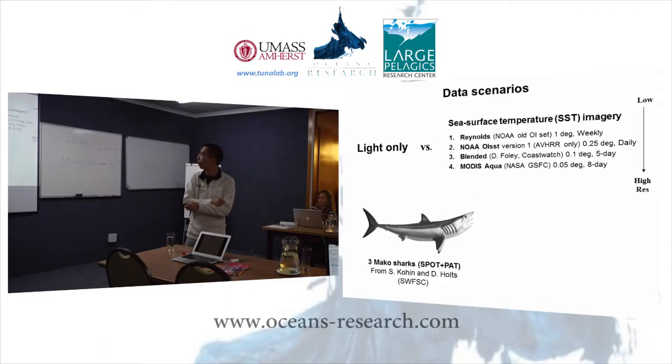That's why the get blended SST function is actually here. You can see it's at 0.1 degree and a 5-day interval. And if you go to MODIS, which is the most popular sea surface temperature right now, it will be 0.05 degree. And there are plenty of SST options. So the GHRSST imagery, which is the global effort on having unified SST products.